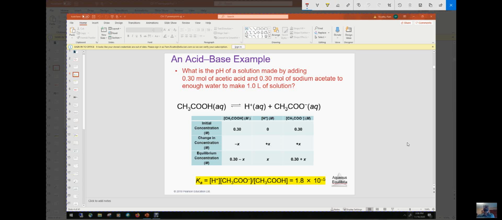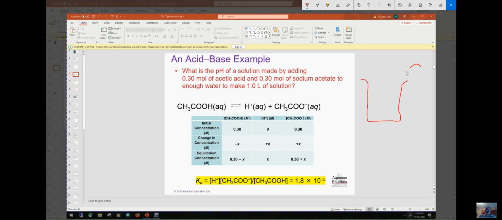Okay, so what is the pH of a solution made by adding 0.3 moles of acetic acid and 0.3 moles of sodium acetate to enough water to make 1 liter of solution? So let's draw our beaker. Okay, so here's our beaker.